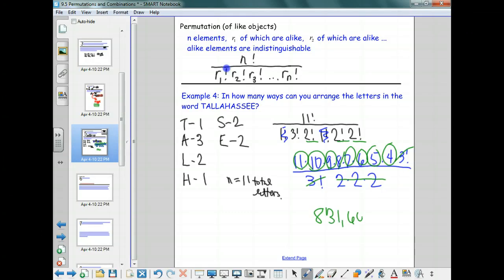Why don't we have the 2? Oh, because I stopped at the 3 factorial, because once I have the 3 factorial, it matches this 3 factorial and can be reduced. I could write it all out, but it's simpler once I get to one that matches to stop writing.